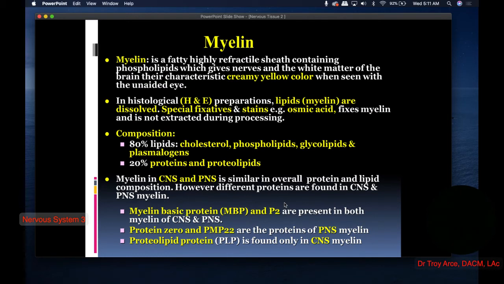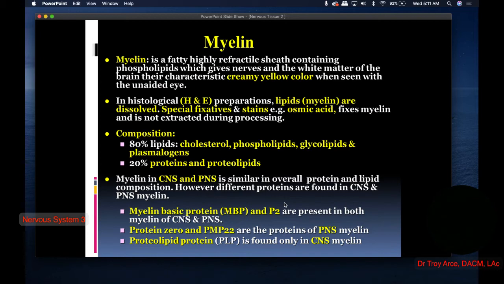So again, the myelin is a fatty, highly refractile sheath containing phospholipids, which gives nerves and the white matter of the brain their characteristic creamy yellow color when seen with the unaided eye. Don't worry so much about the H&E preparations, but the lipids, the myelin, are dissolved when fixed.